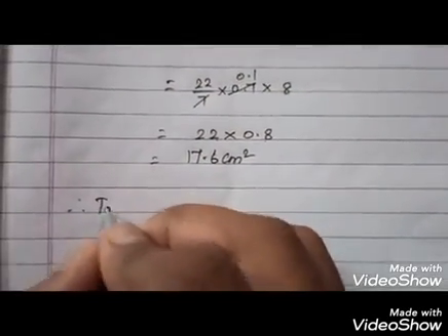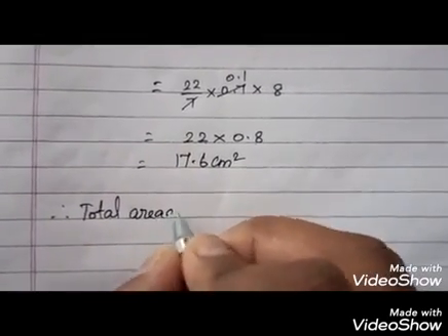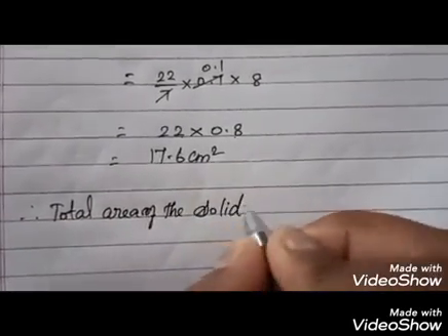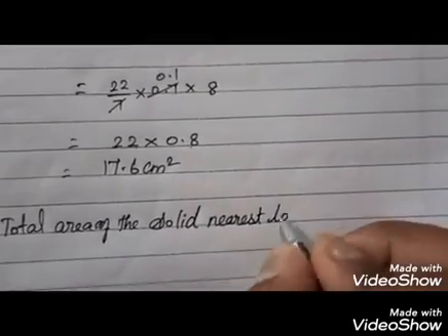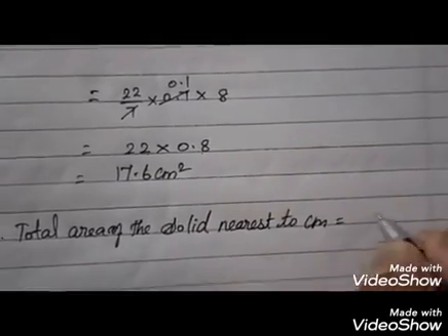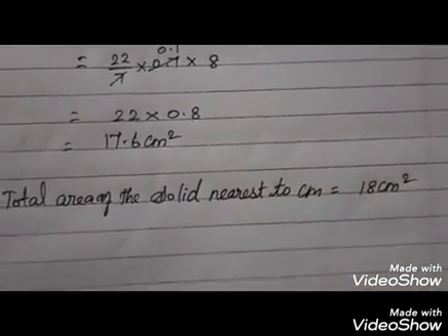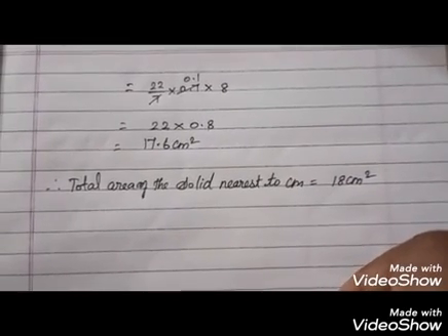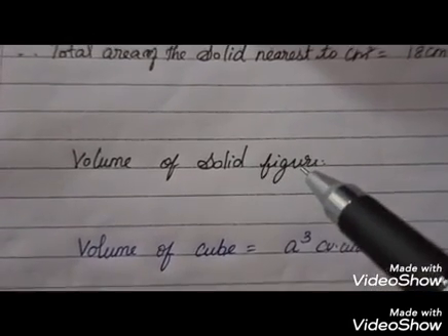In the question they gave nearest centimeter. Therefore the total area of the solid to the nearest centimeter is 18 centimeter square.